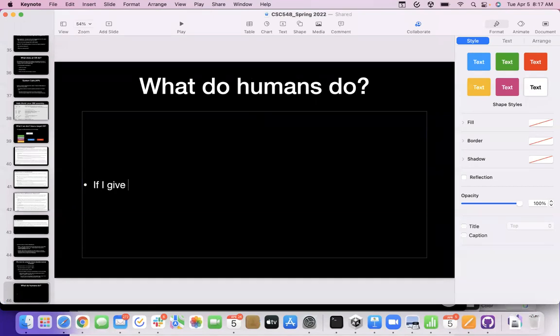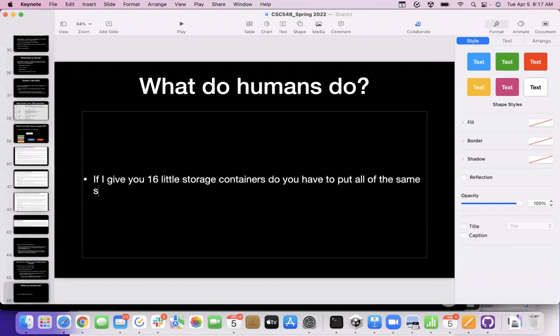If I give you 16 little storage containers, do you have to put all of the same stuff in each container?